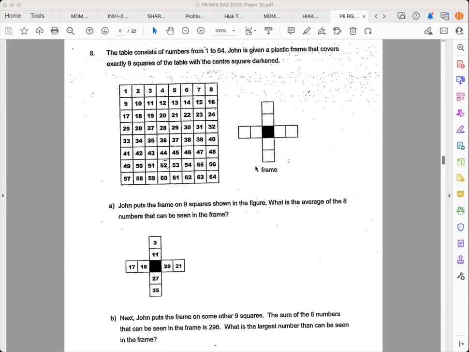So the 8 numbers that can be seen in the frame will be 3, 11, 17, 18, 20, 21, 27 and 35. They're asking for the average. Very simple, just add them up.